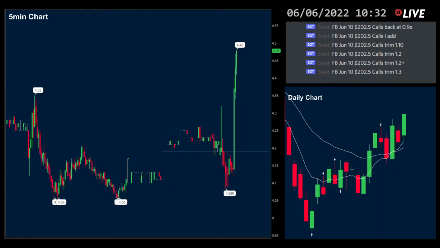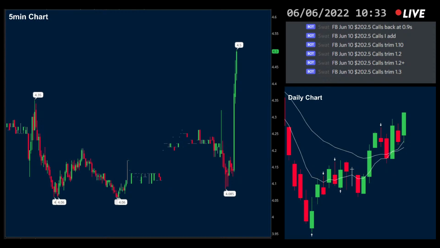Well done. FSLR keeps going, 450, 20 cents, nice move, guys.